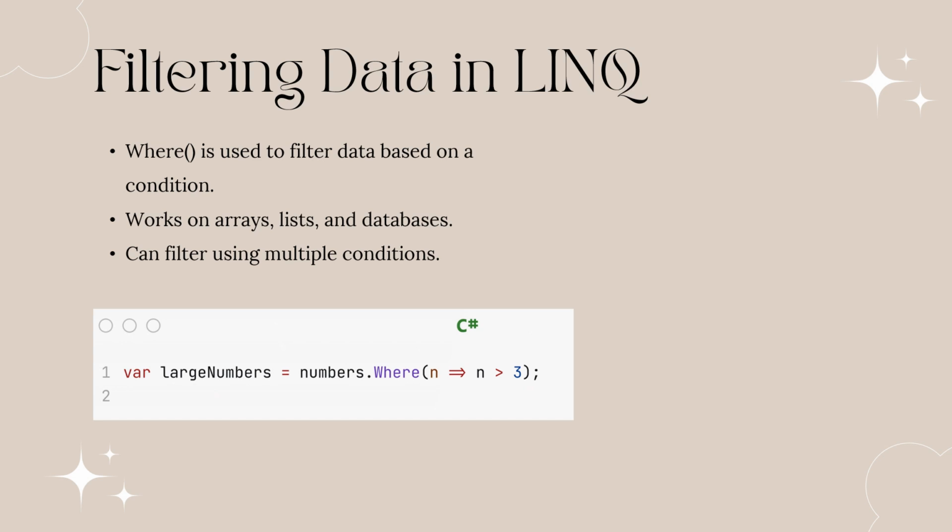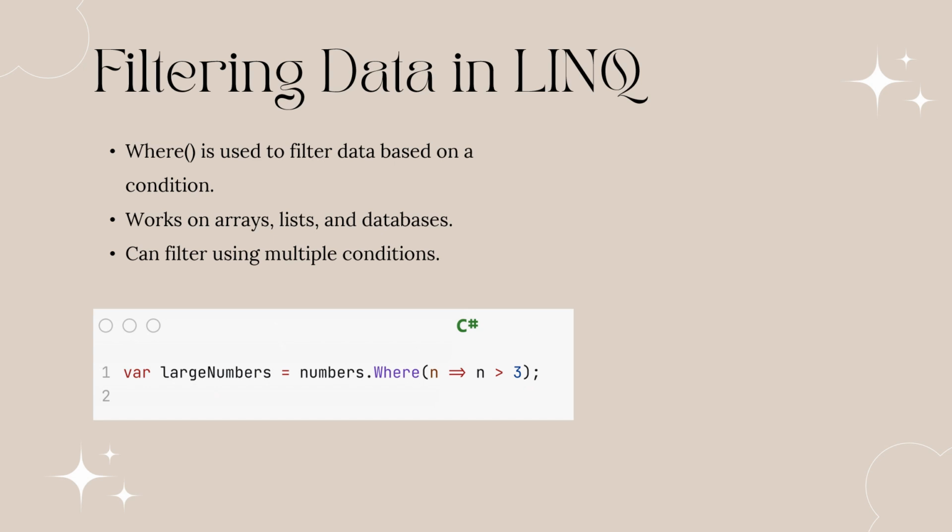Let's talk about filtering data in LINQ. Filtering is one of the most common tasks in data processing. In LINQ, we use the where method to filter data based on a condition. For example, imagine we have a list of students and we only want to find students older than 18.